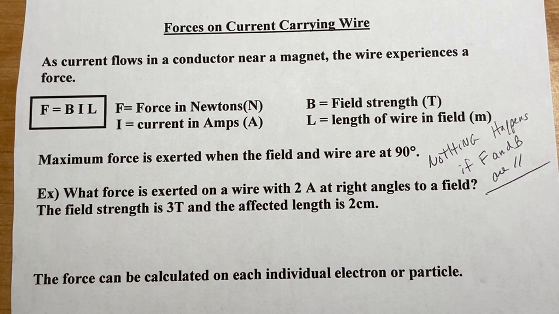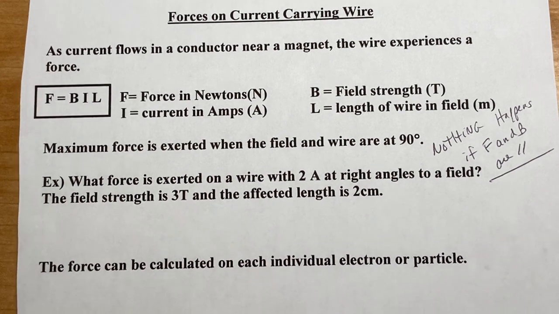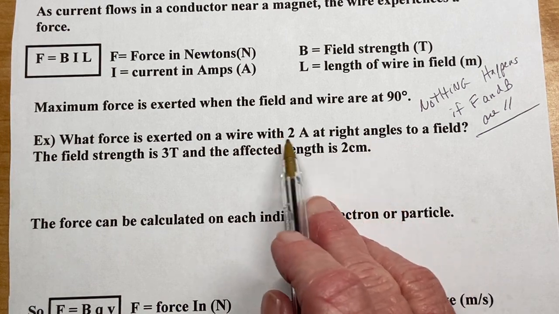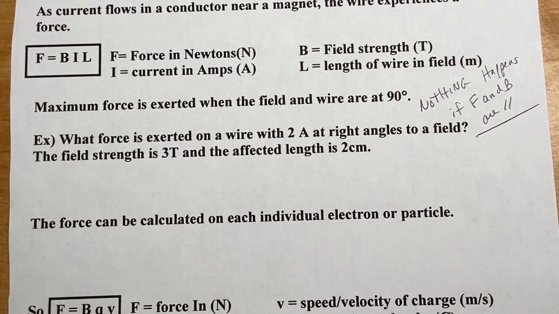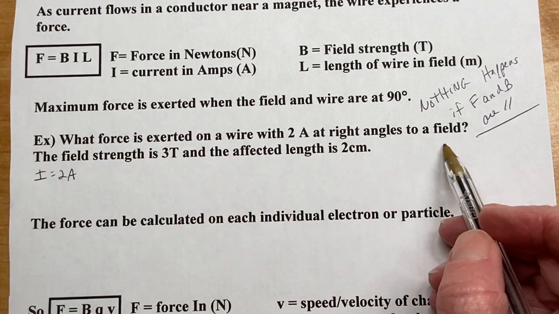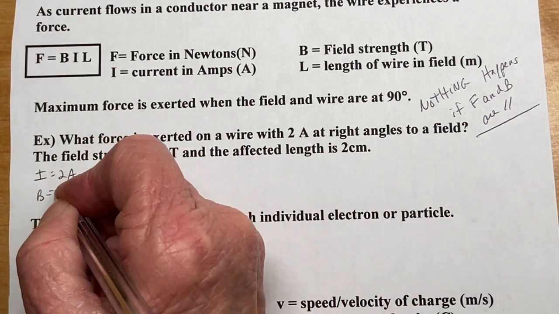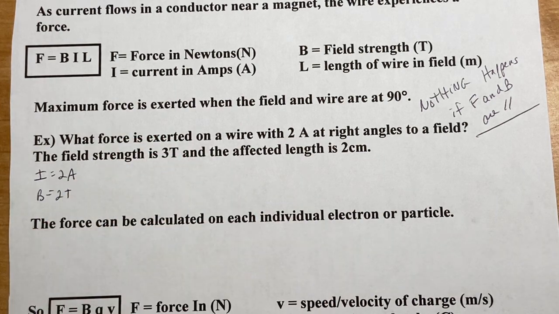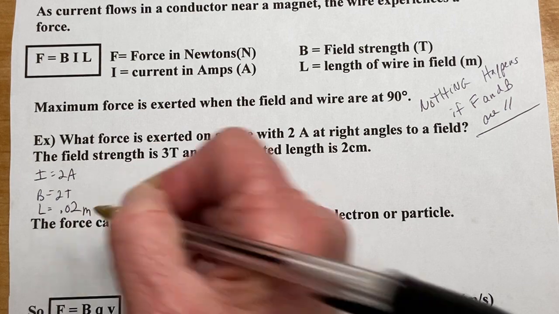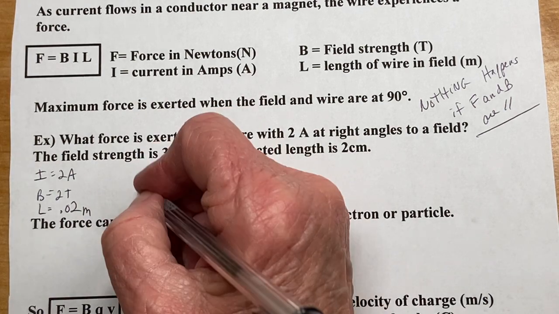All right, so let's do a couple problems. What force is exerted on a wire at right angles, or perpendicular? That's just putting it in to know that you can use the formula. So I have current, 2 amps, field strength, 3 Tesla, and the affected length is going to be 0.02 meters, right? We're always going to convert.